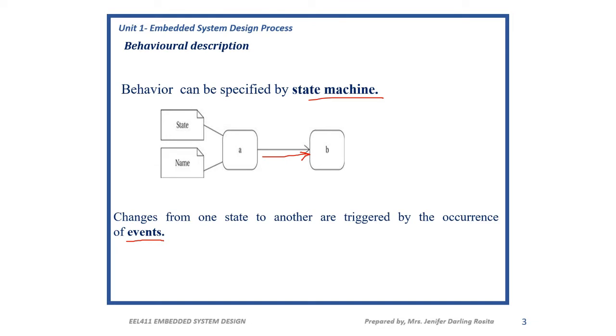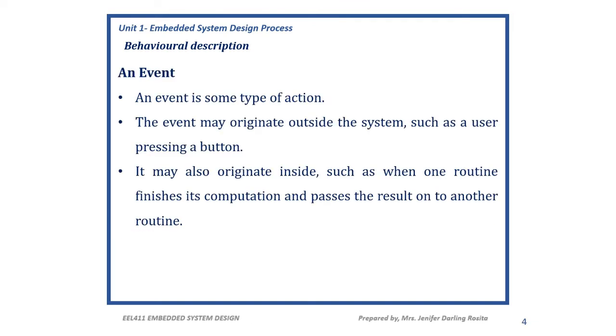Okay. So now, what do you mean by event? An event is some type of action, an action which makes an event, right? The event may originate outside the system, such as a user pressing a button. So what example were we seeing so far? After the GPS moving map, we started seeing the mouse clicking operation.